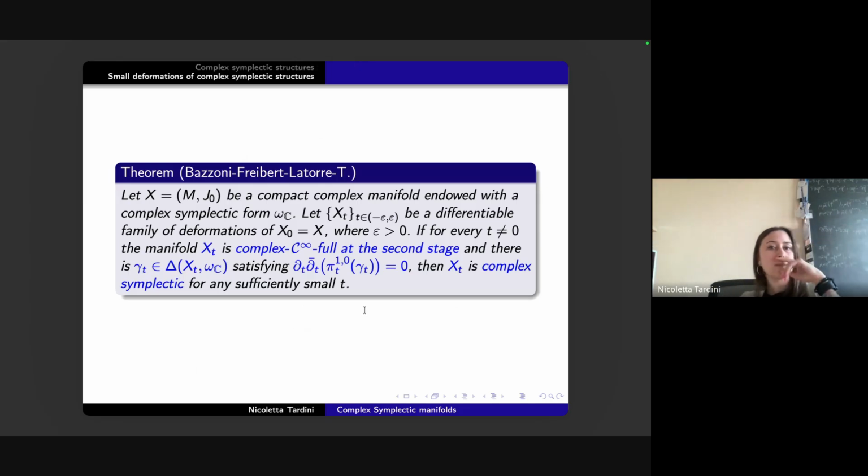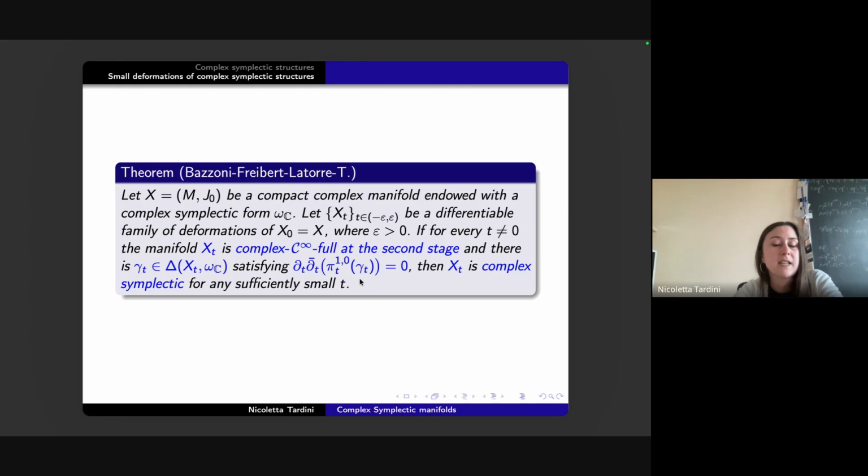However, one can prove that if we have a compact complex manifold with a complex symplectic form, and suppose we have a differentiable family of deformations, such that along the deformation xt is complex infinity full at the second stage, and there is some gamma t in this space, delta xt omega c, that satisfies this condition.